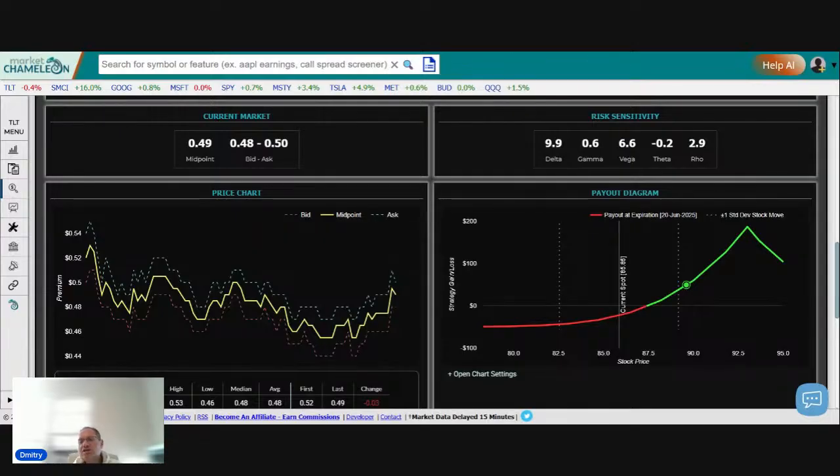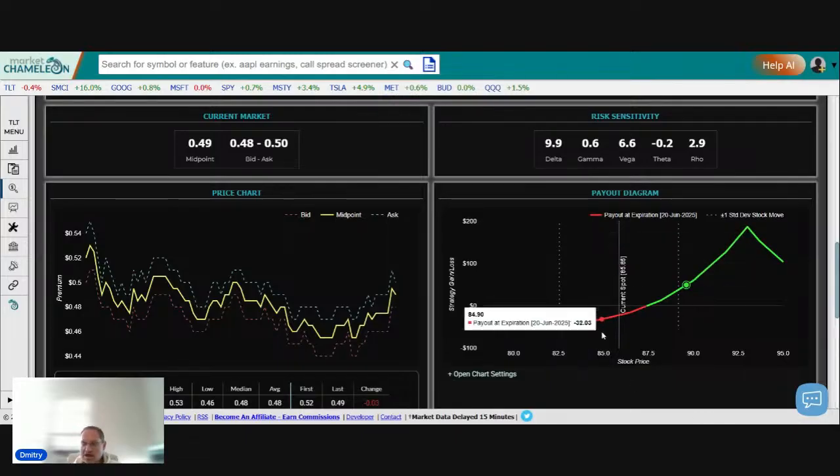And what we see here is that if the stock price is right here, this line, current price 85.86, with nothing else changing, this has a bullish bias. So you want the stock to float up to 93. That's your sweet spot.